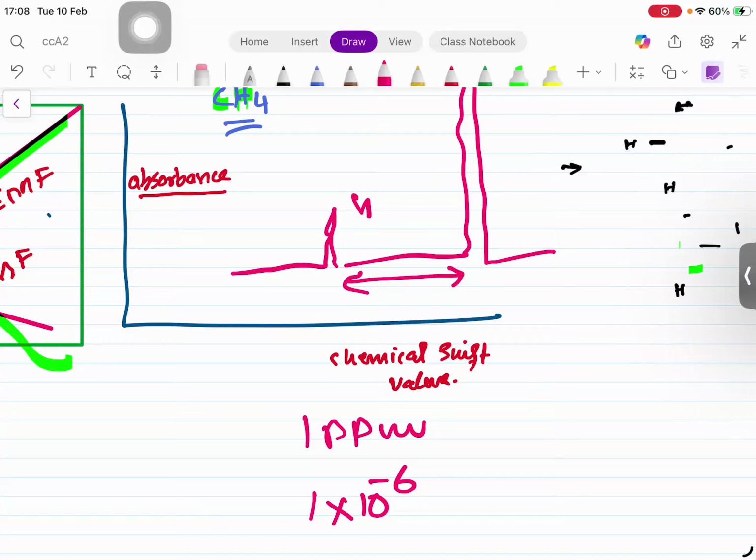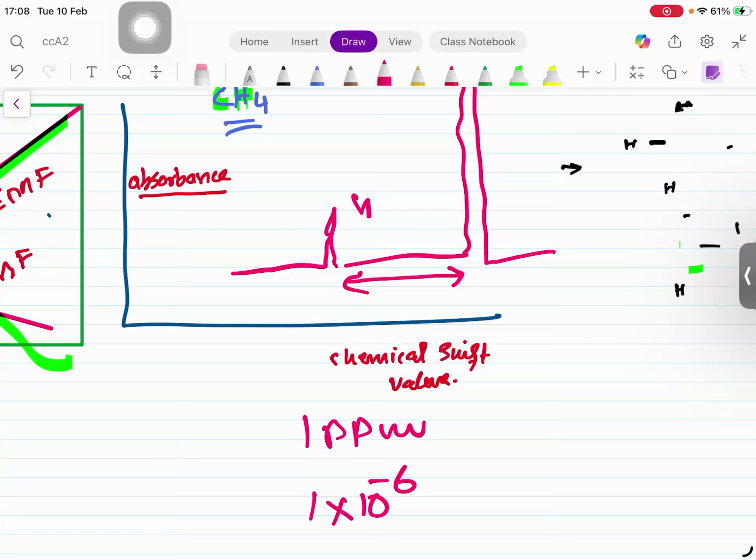The chemical shift is the distance between the peak of the proton under consideration and the peak of tetramethylsilane, right? So that is known as chemical shift. For example, now there is methane and TMS.